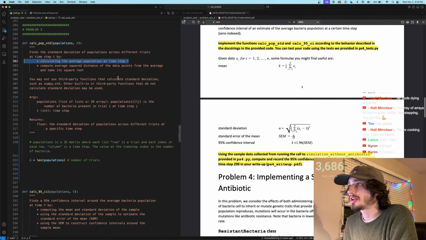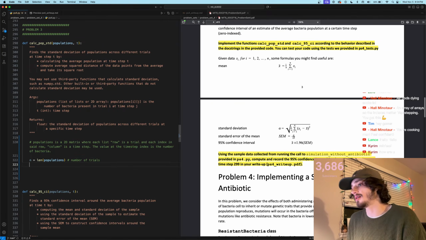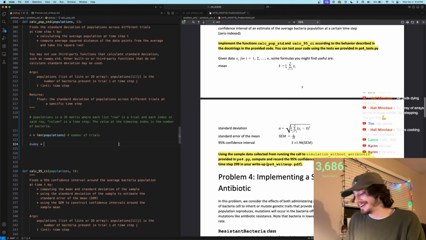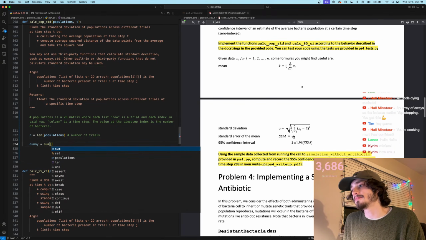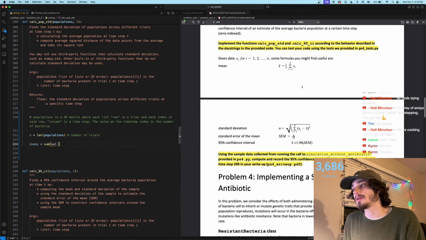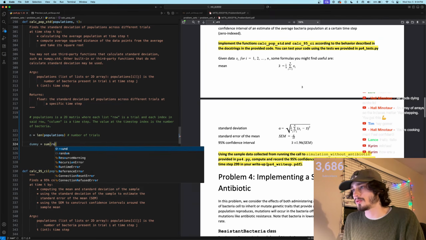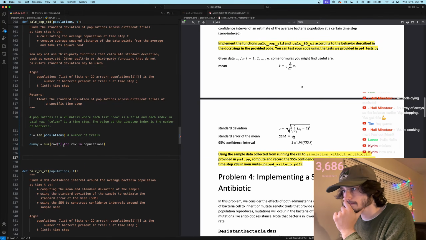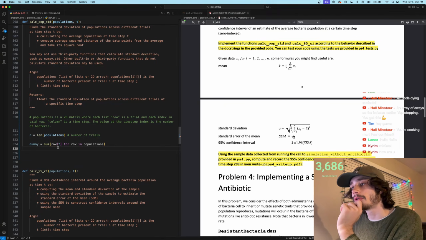And then we're going to compute an average. So we need to do a sum. I'm just going to make a dummy variable. I'll rename it in a second. So we want to sum an array of row index of t for row in populations. Am I tripping?